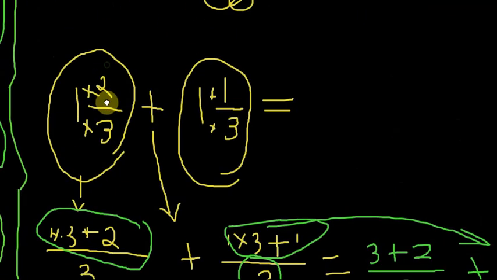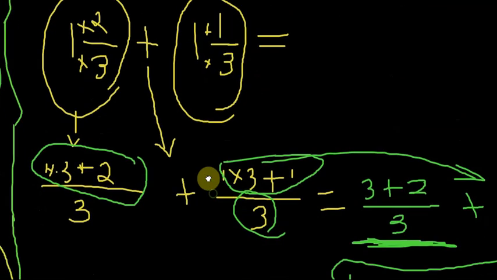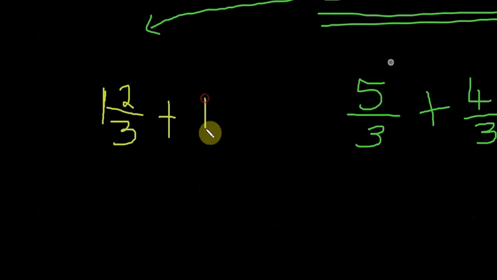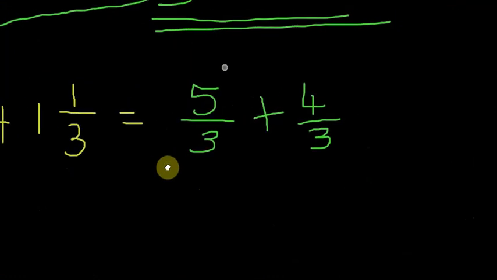So let's quickly write those down here. 1 and 2 over 3 plus 1 and 1 over 3 goes to this.